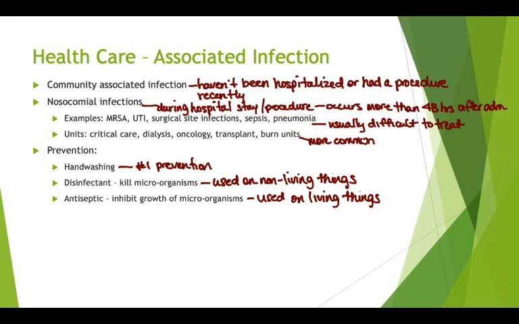Nosocomial infections usually start to occur after 48 hours of admission. A nosocomial infection from a patient being in the hospital is one of the top 10 leading causes of death in the U.S. They're the most difficult to treat because the causative agents have been exposed to very strong antibiotics in the past and are now the most drug resistant, and that's what makes them the most virulent.